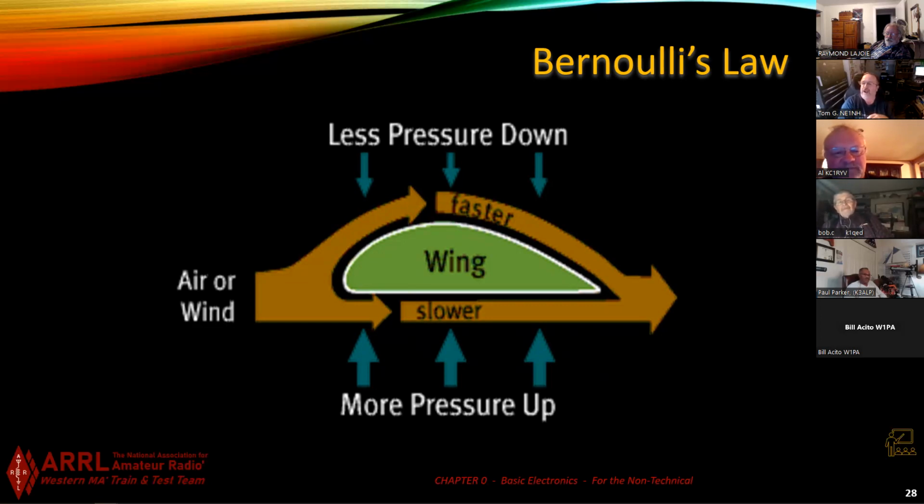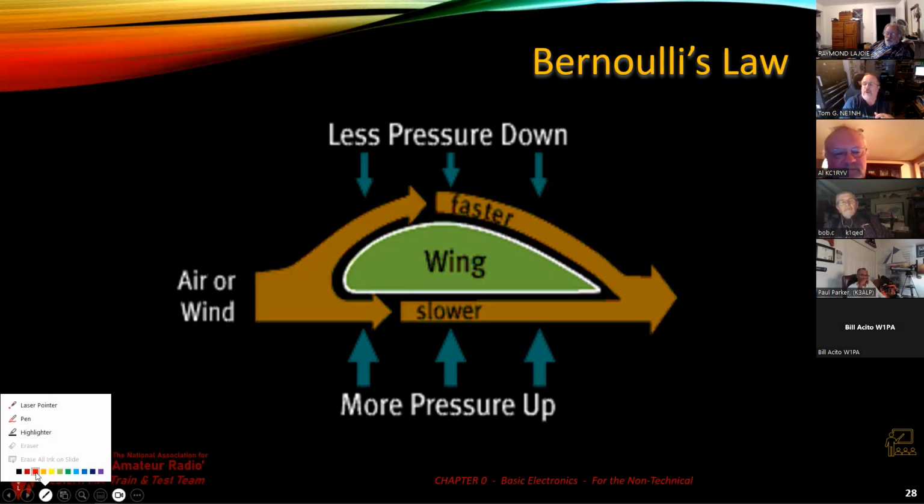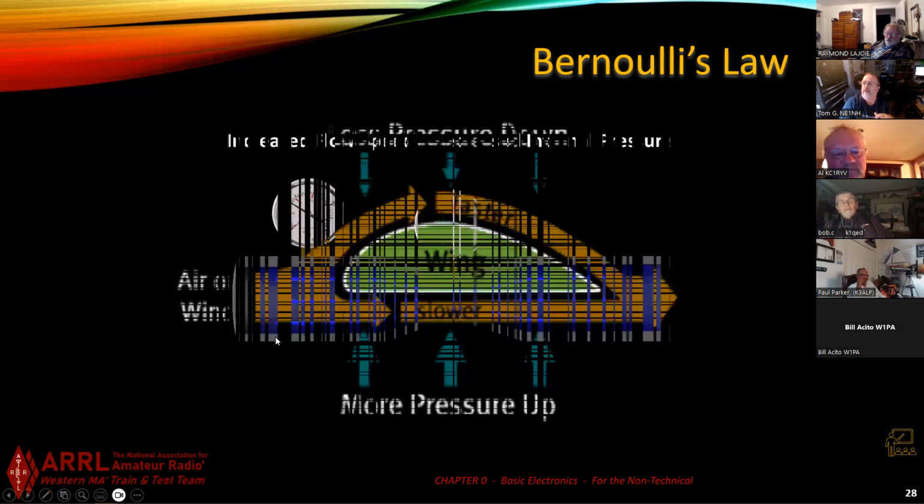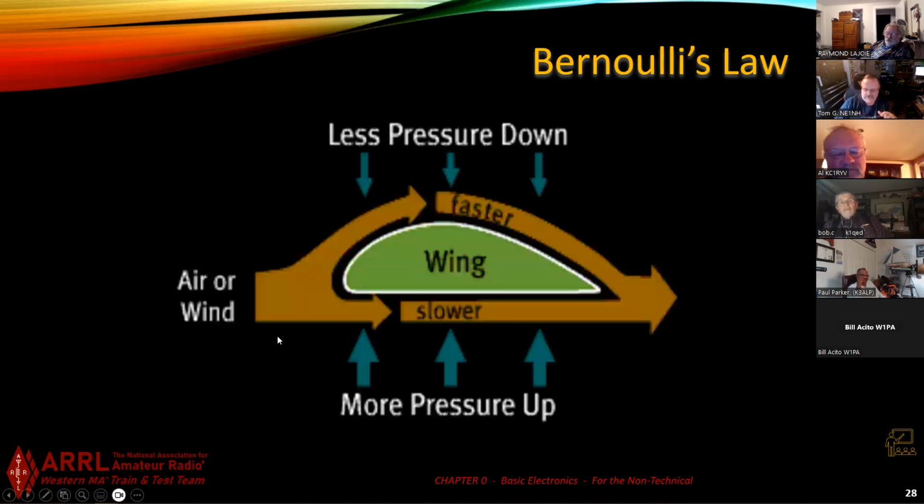When you pass air over a wing, the wing is flat on the bottom, in effect, and curved on the top. That means the wing's going through space at the same speed. The curved surface is going the same speed as the flat surface, which means when the air flows over this thing, if you have a molecule of air at the front on the bottom and one at the top, and they both go to the back, the faster air on top has a lower pressure.